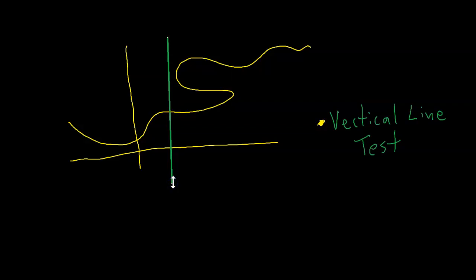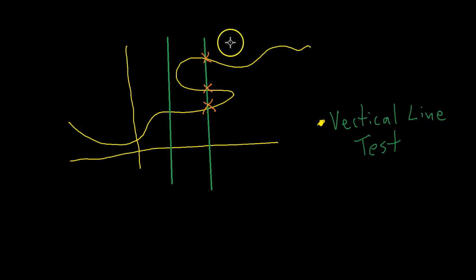Okay? But let's look at this graph that I've just drawn. If I place a vertical line right here, it crosses the graph at 3 places, right?